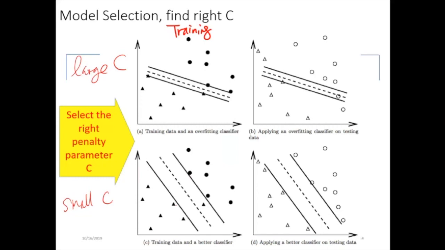Because of this, in fact, this is of course a little bit speculated, but I'm just trying to give you the concept. For the future data, it's highly likely to make errors because of these 3 points. The only difference between the large C case and the small C case is actually only 1 point: whether to allow this point to be wrongly predicted or not.